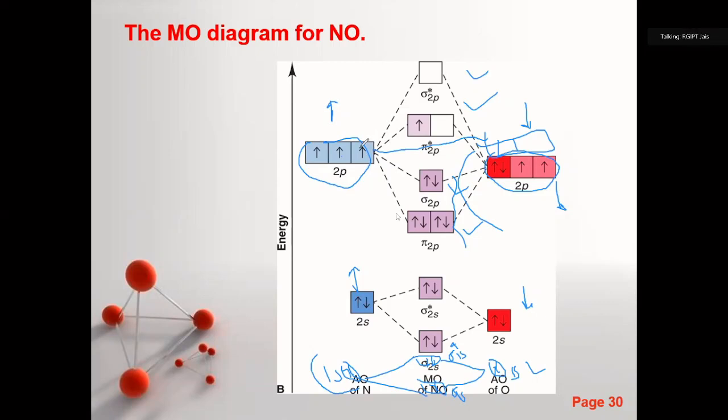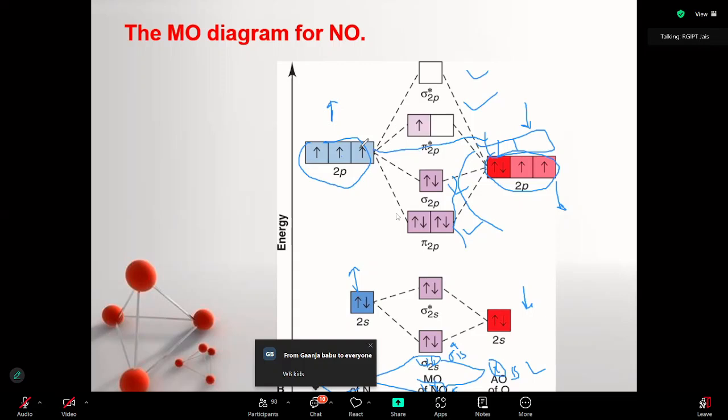In the next class we will discuss higher molecules, like in case of CO2 what will happen, in case of ammonia what will happen, this type of higher atomic orbital. We have considered up to two atoms. This is diatomic. In case of diatomic, there are two categories. One is hetero, second is homo.